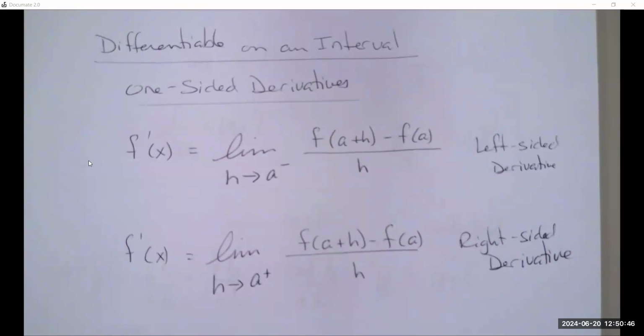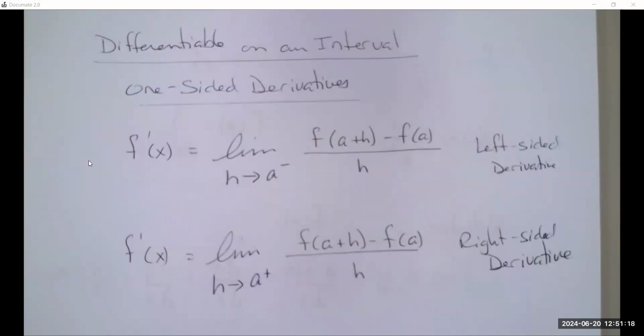Now, give me an example. When would that matter when you're taking one-sided derivatives? What kind? Continuous? I mean, no. Continuous functions always, give me an example of a function, or what would happen to a function that you only looked at one side of it?